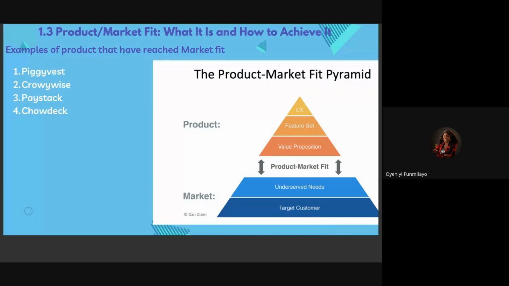Once you understand your user experience, you come up with features that will meet it and then create a proper value proposition. Once you're able to get those things, then it goes to the market, because that is all for the product. Now, when it gets to the market, it gets to your users' underserved needs, and then you're giving it to your target customers.